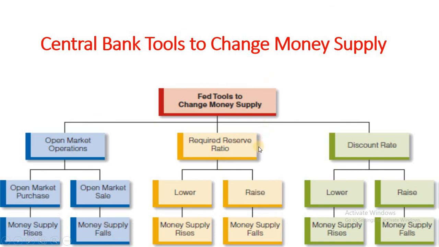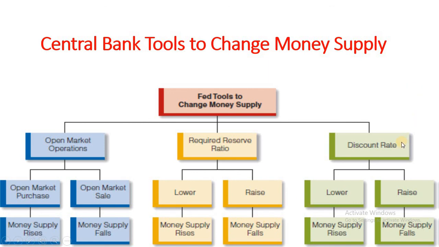Then required reserve ratio. When the central bank decreases the required reserve ratio, it will increase money supply, and when the central bank increases the required reserve ratio, it decreases money supply.